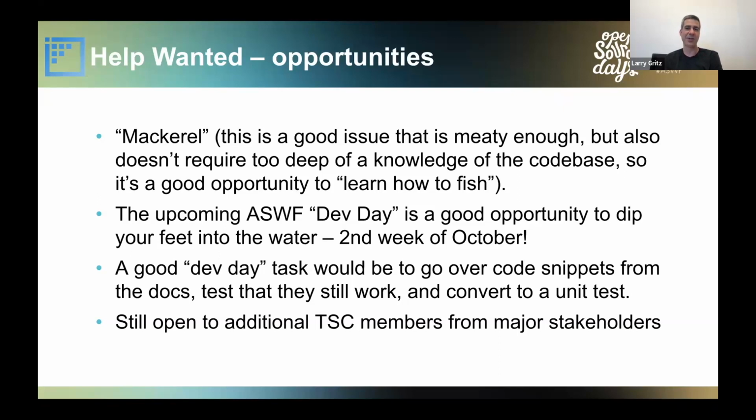And one of the reasons that I think this project is really good for it is, frankly, there are some ASWF projects that are so esoteric and specialized in the knowledge you need to approach them and think about things to change, that it can be pretty daunting if you're not already narrowly focused on that area.